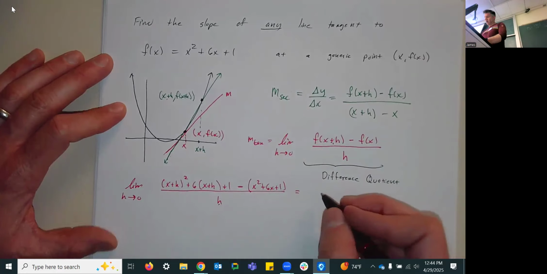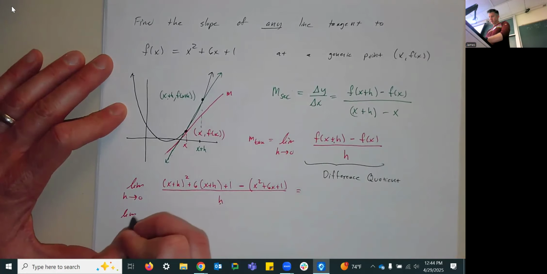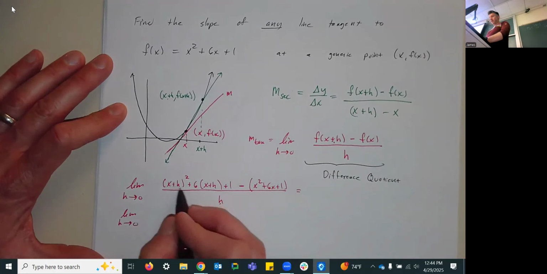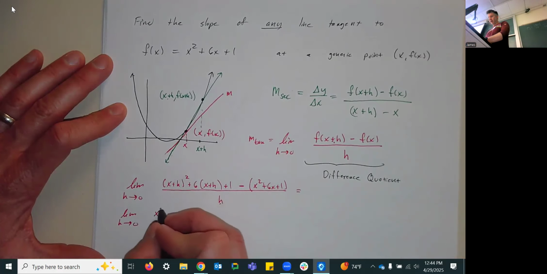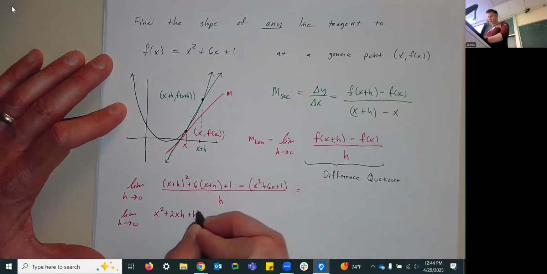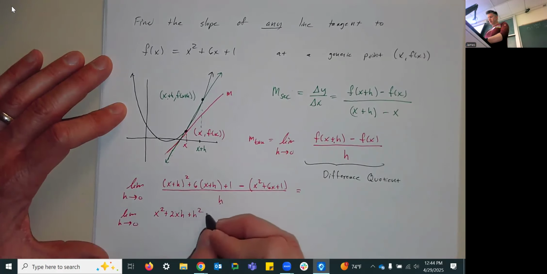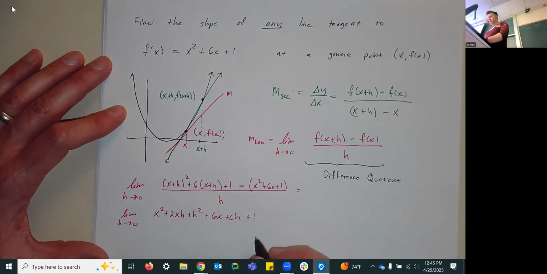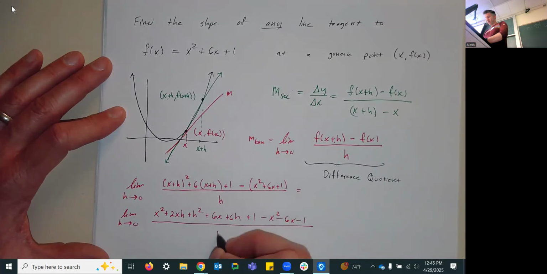So we're going to deal with that one. We're going to take the limit as h goes to 0. (x plus h) squared FOILs out to x squared plus 2xh plus h squared. Distributing the 6, we get 6x plus 6h plus 1. Distributing the minus sign, we get minus x squared minus 6x minus 1, divided by h.